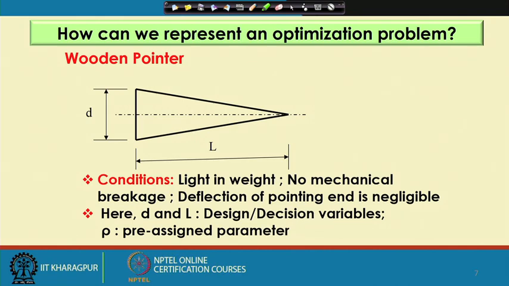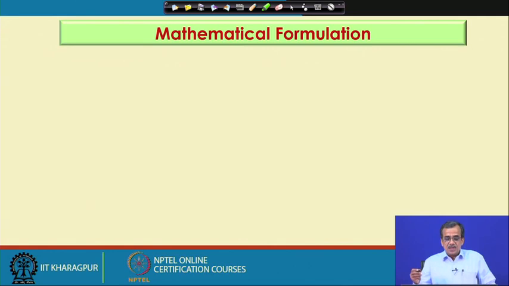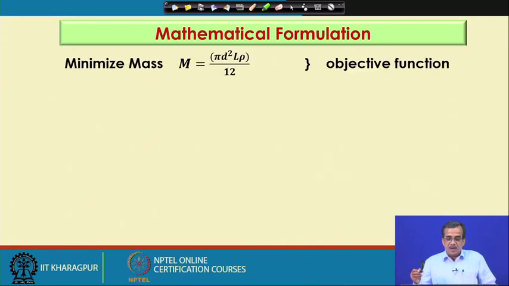Here, the diameter of the gripping end and the length of this pointer are nothing but the design or the decision variables, and rho is the density, which is a pre-assigned parameter and a fixed quantity. Now, using this, we can find the mathematical formulation of this particular problem.